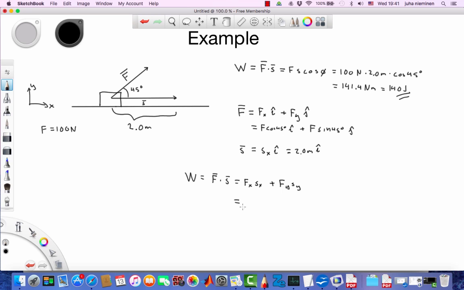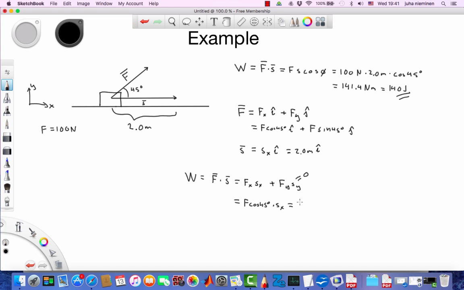That's F times cosine 45 degrees times Sx. And here we would have Fy times Sy, but as we know, there's no displacement in the y direction, so that is 0.